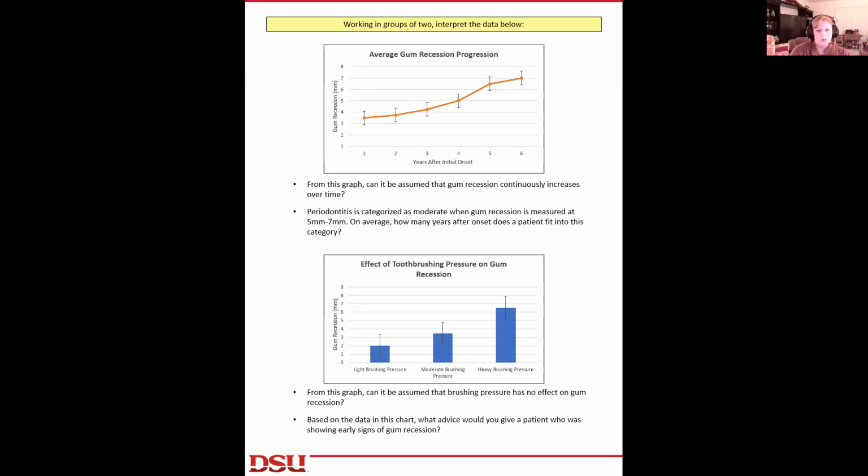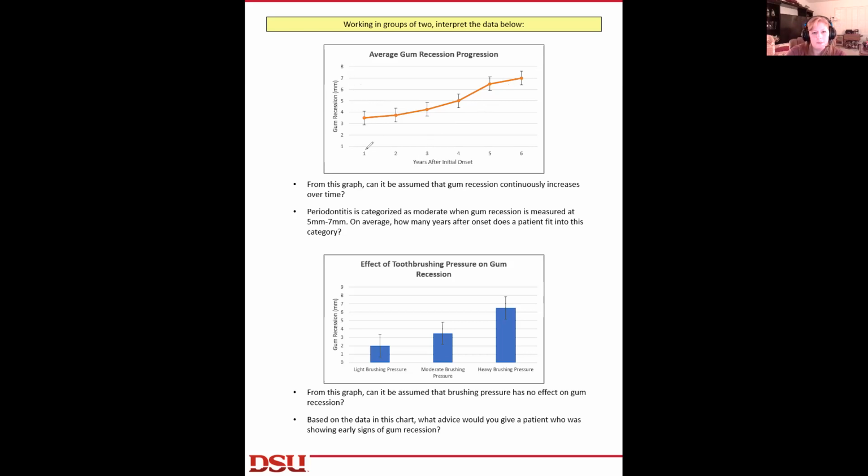All right, so from this graph, can it be assumed that gum recession continuously increases over time? Well, we've got one of these graphs here, so we know that we are looking at something that's continued measurement over time. We have years after initial onset. Years would be a measurement of time. Over here, we have gum recession occurring in millimeters.